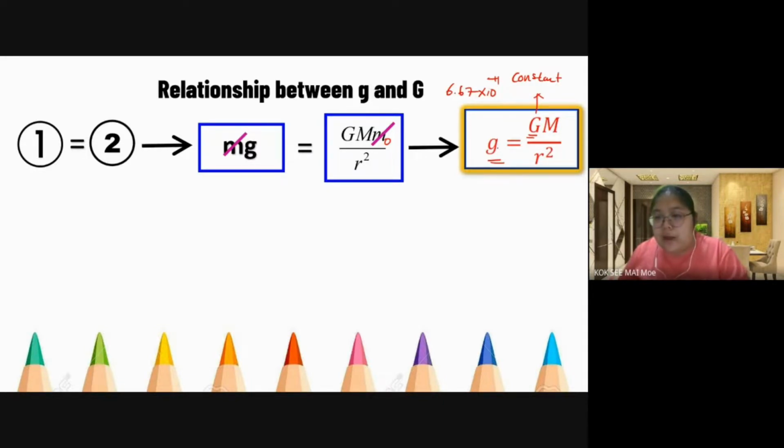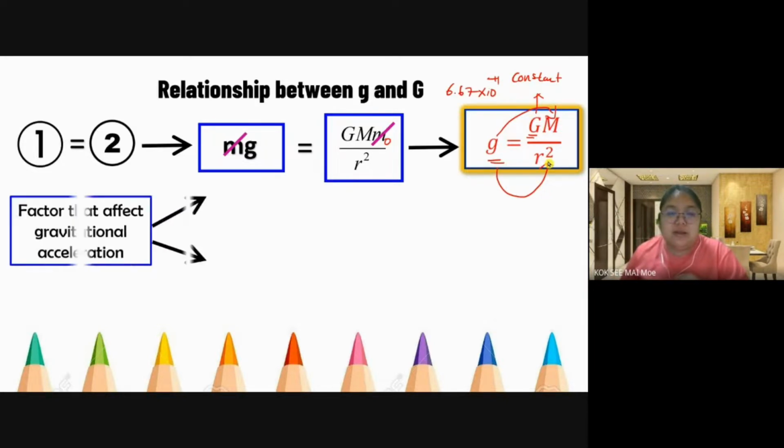So it's important, they want us to create this formula. They want you to find out what the gravitational acceleration is actually related to. First, it is related to the capital M. Number 2, it is related to the distance between the two objects. So from here we see the factors that will affect the gravitational acceleration.